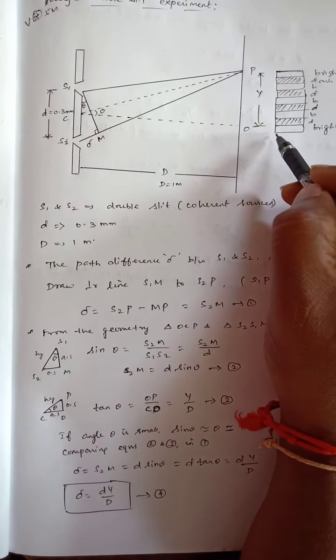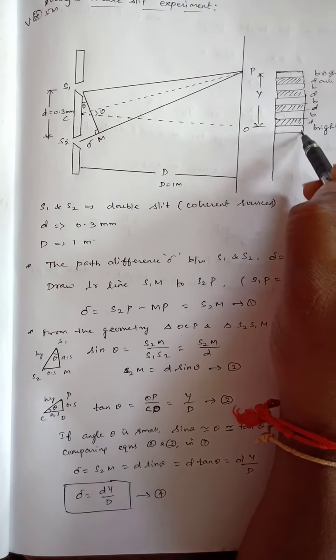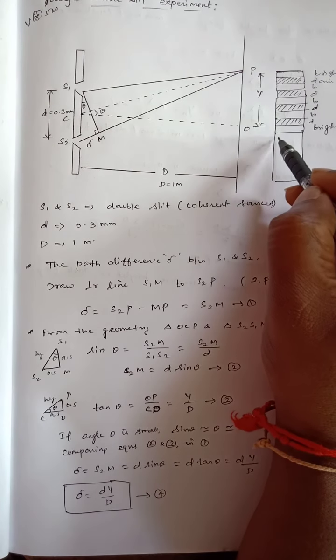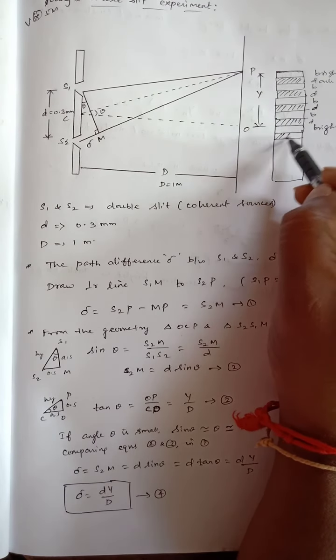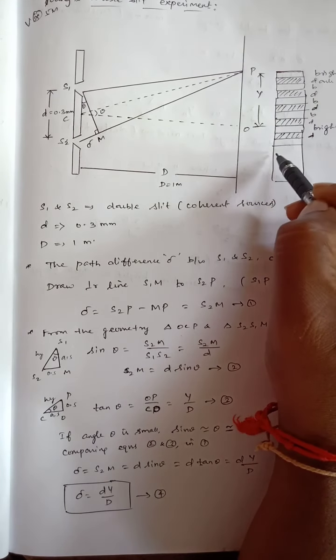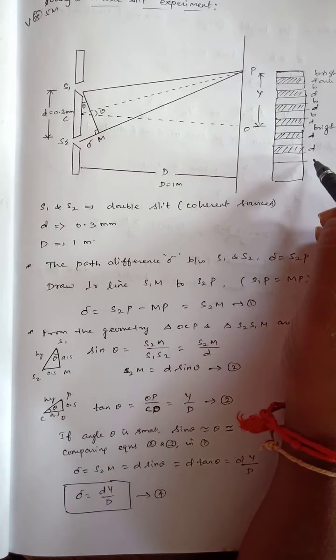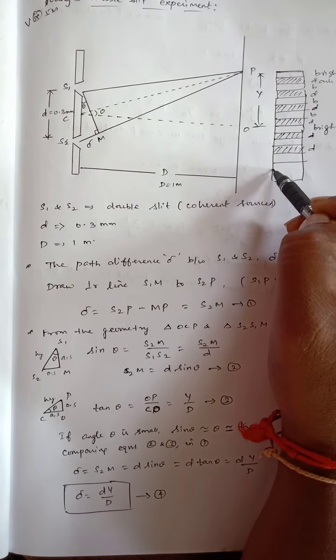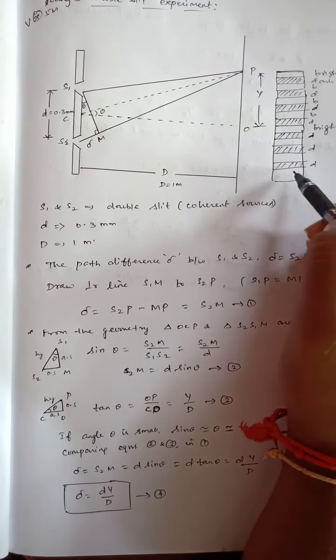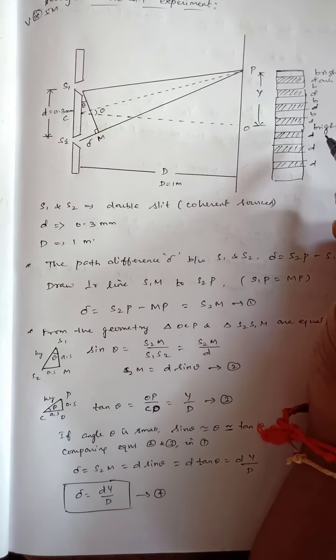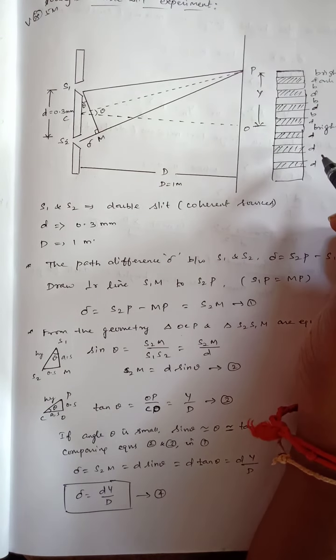Same like that on the other side, we also get the same thing. Bright, then dark, again bright, again dark. So we get the fringes like this on the screen.